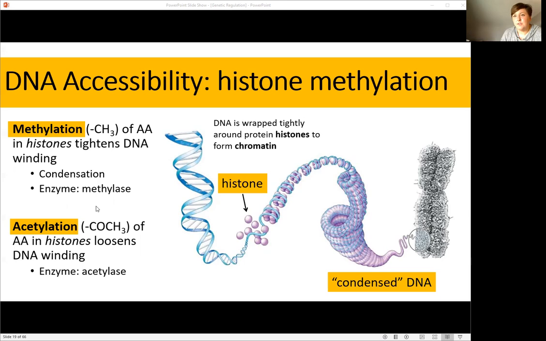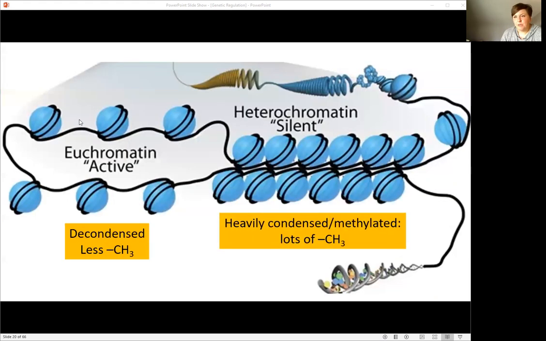Since methylation of histones causes DNA to condense very tightly, heavily methylated DNA is not accessible to enzymes like RNA polymerase, and therefore it is transcriptionally inactive. In order for transcription to progress, RNA polymerase must bind to DNA, so the DNA would need to be decondensed. When DNA has fewer methyl groups associated with it, RNA polymerase can access the DNA to bind and allow transcription to progress.